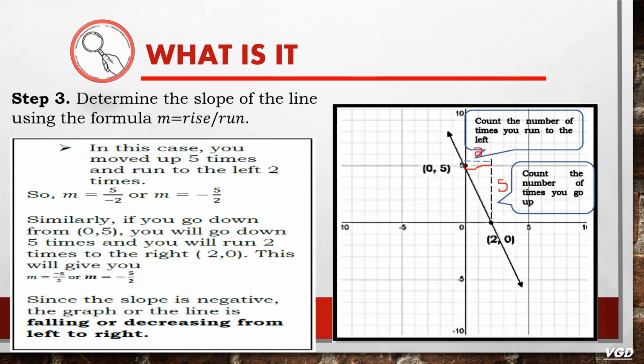And take note, since it goes to the left, therefore, it is negative. So in this case, we were able to have our slope, which is m is equal to 5 over negative 2, or negative 5 halves, because a positive divided by a negative is always a negative.